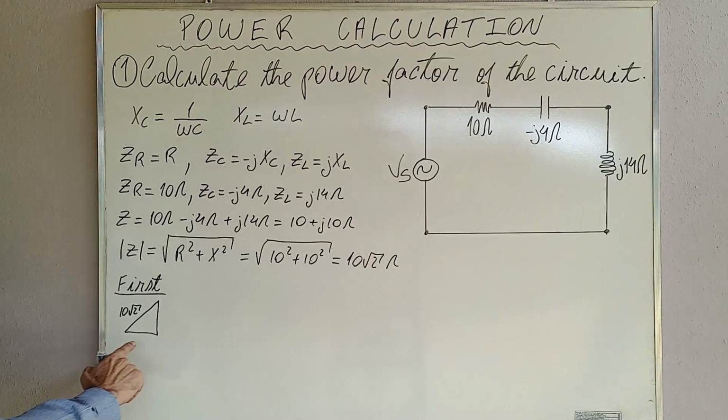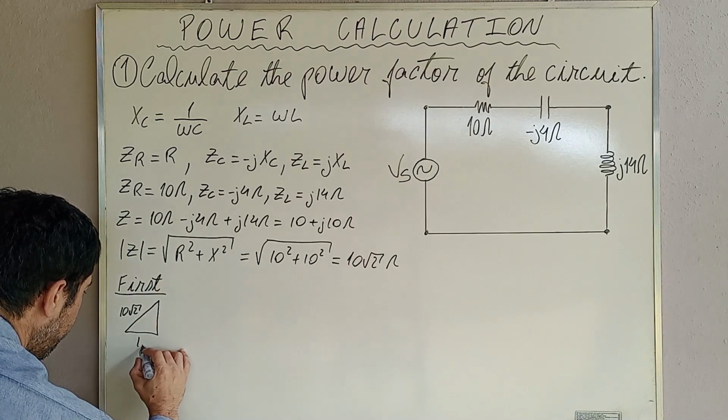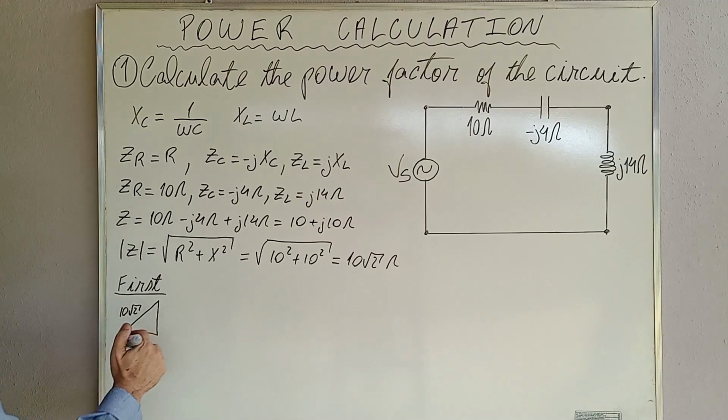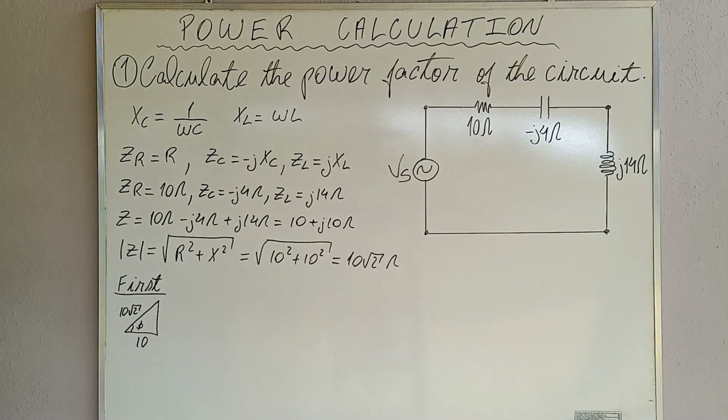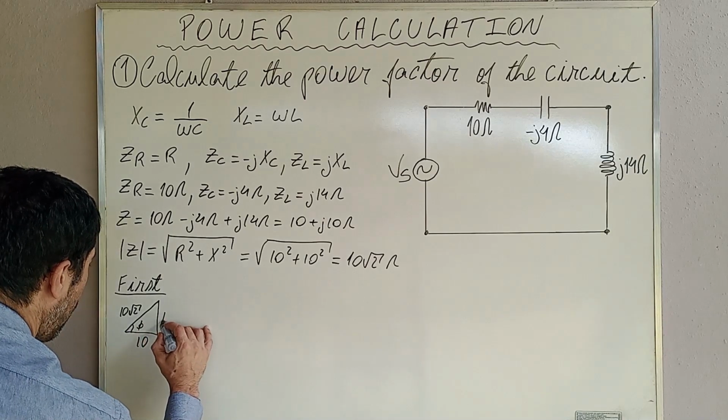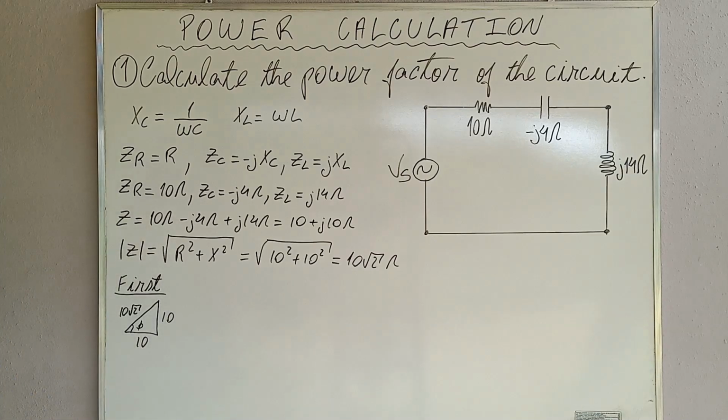The lower side is the resistive part, 10, and the side opposite to the angle is the reactance, which is also 10.